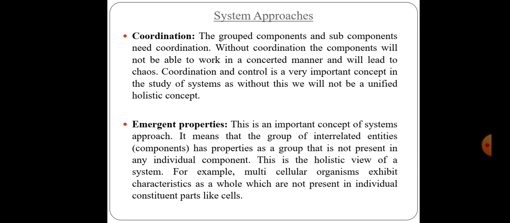For example, multicellular organisms exhibit characteristics as a whole which are not present in individual constituent parts like cells. So emergent properties, certain components have properties that must be combined together for the successful functioning of a proper system. So with this we finish off with the concepts of the system.